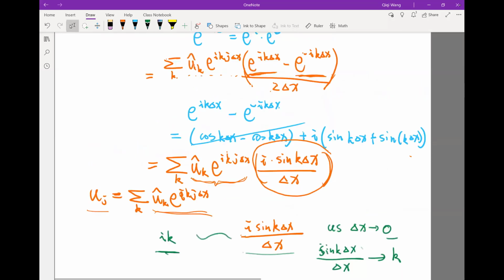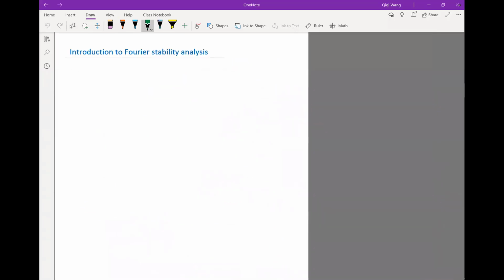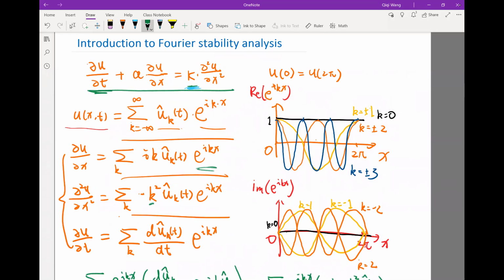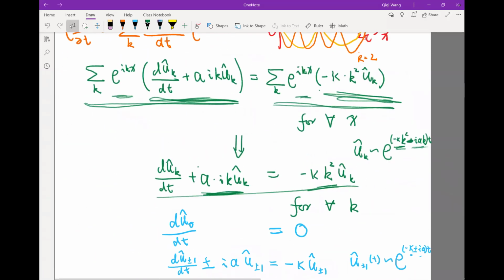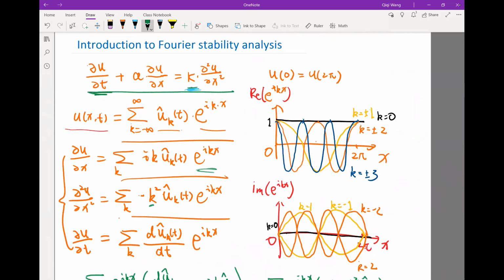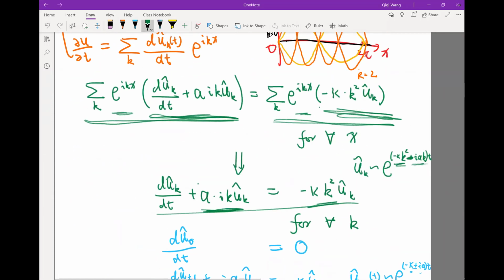And remember what this term does, right? When we plug in the first order derivative, let's go back a little bit, into the original ODE, right? We have this term, right? What it gives us is this term, which is a purely oscillation. It doesn't contribute to growth or decay.